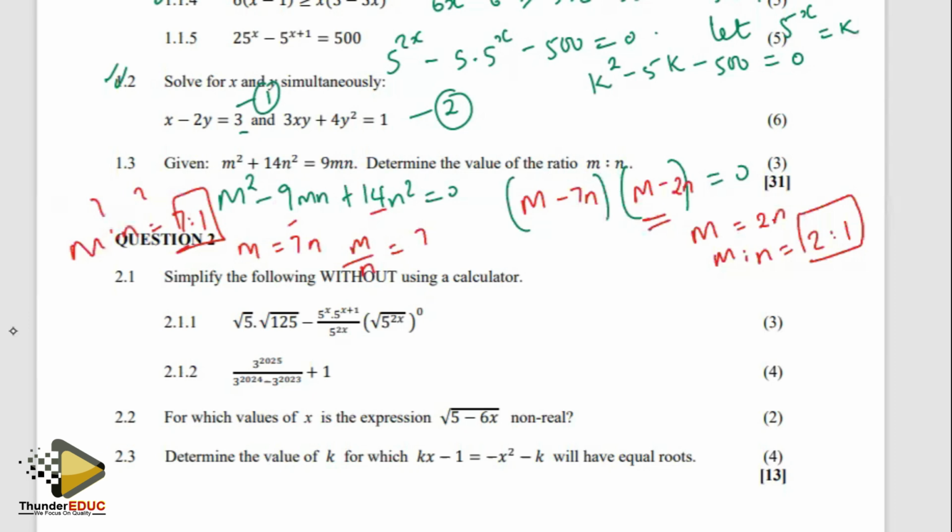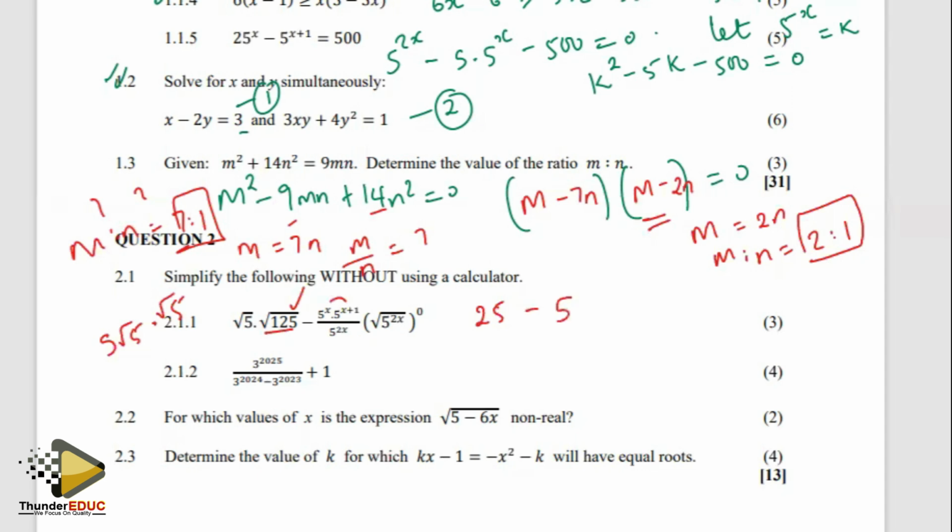And then question 2, without a calculator, they want us to simplify this. So from our surds, we know that the square root of 125 is the same as 5 root 5. Okay, so that's going to be 5 root 5 multiplied by another root 5, which is going to give us 25. Minus, the bases are the same, so we can add up those exponents.